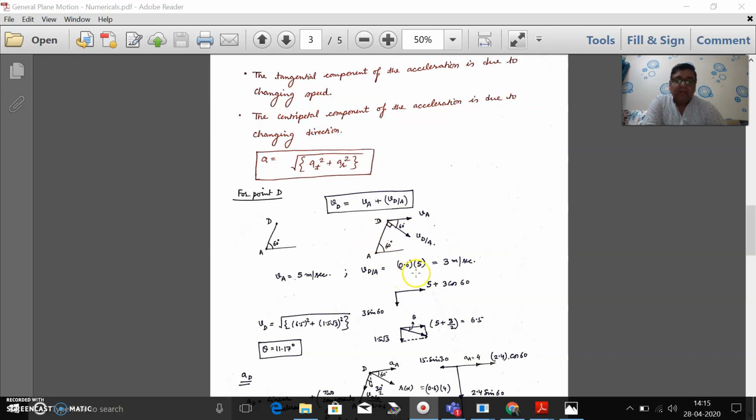So AD multiplied by its rotational velocity. Rotational velocity omega is a constant value. So velocity of D with respect to A is 3 meter per second. Right.